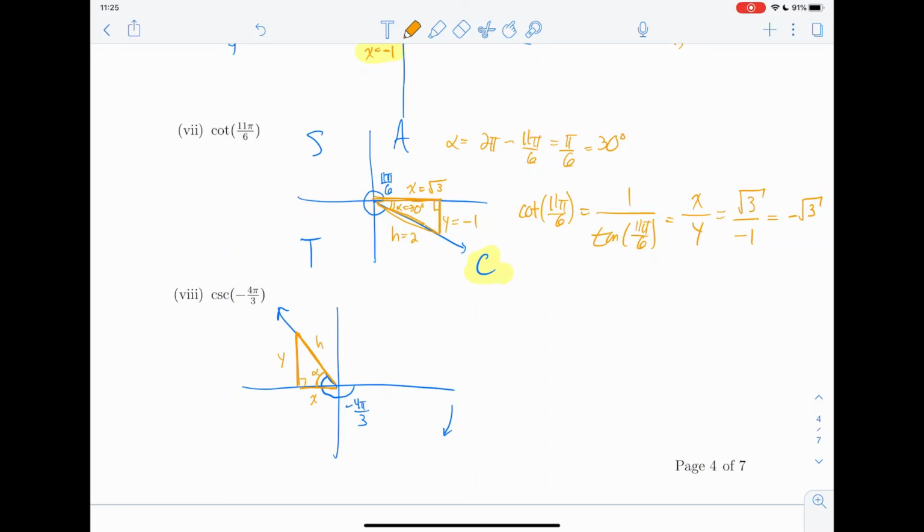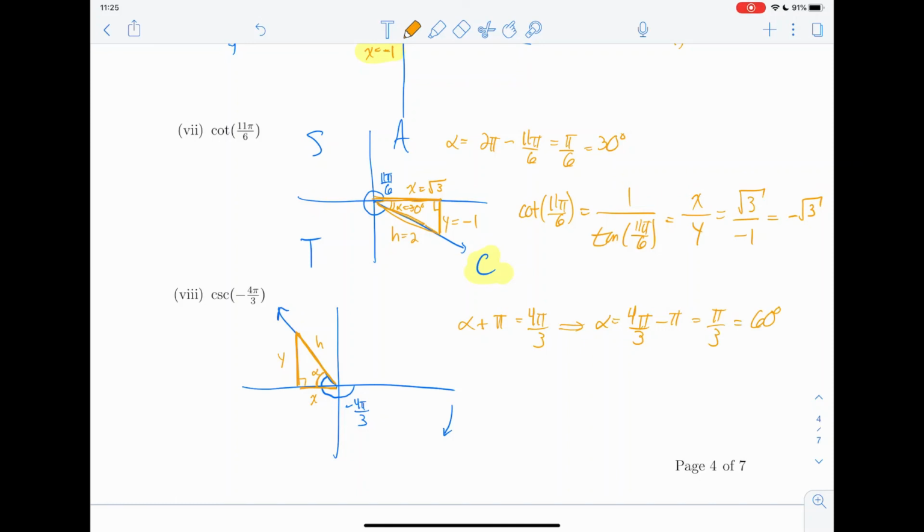Alpha is going to be the magic alpha such that alpha plus pi has to be equal to 4 pi over 3, which implies that alpha is equal to 4 pi over 3 minus pi, and therefore that's equal to pi over 3, otherwise known as 60 degrees.